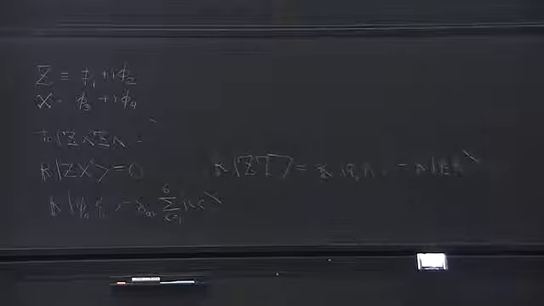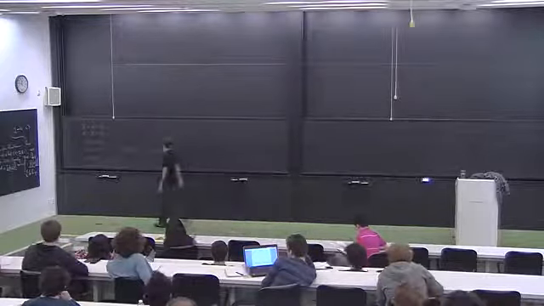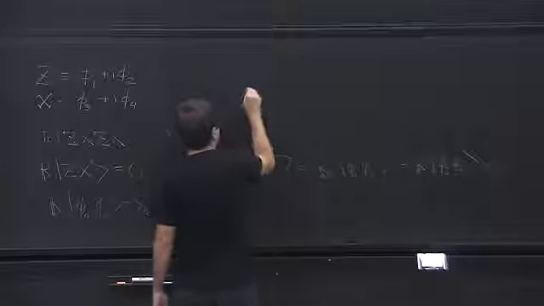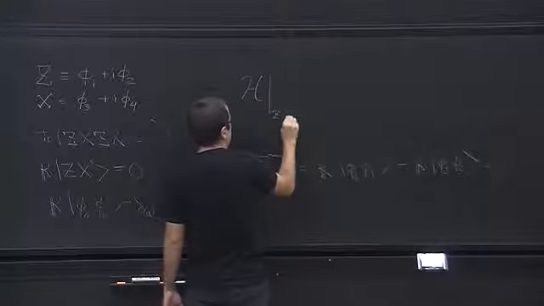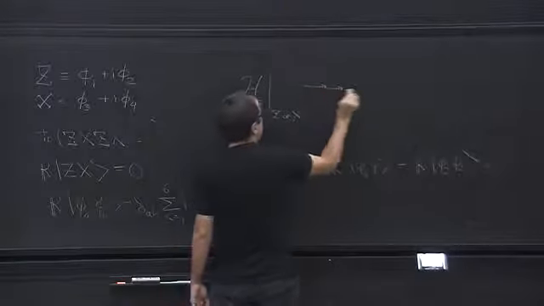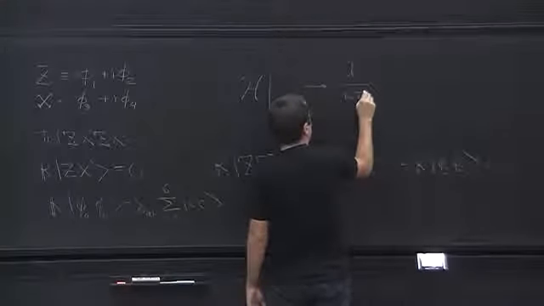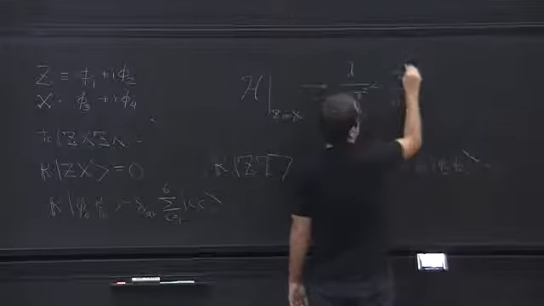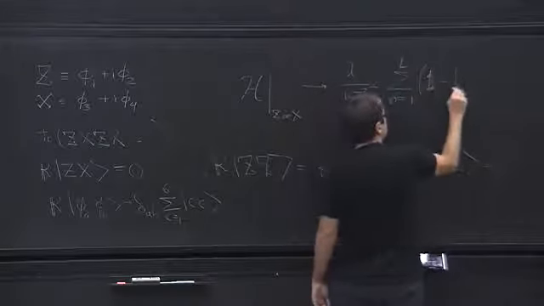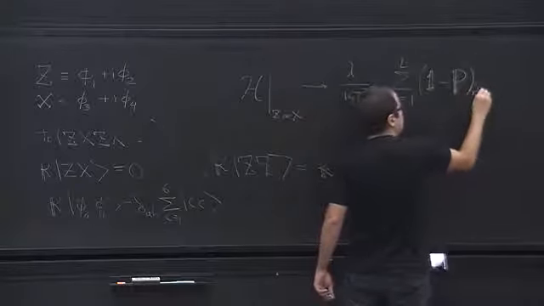So if we construct these complex combinations, automatically only identity and permutation matter. It means that the Hamiltonian, when restricted to just Z or X, becomes lambda over 16 pi squared, identity minus permutation acting on sites n and n plus 1.